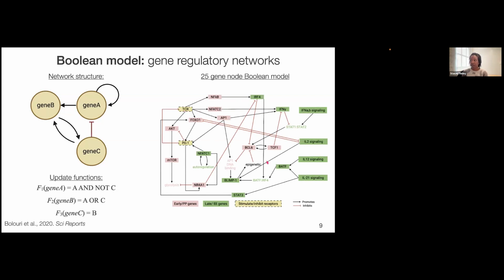This gene regulatory network was previously published in a paper by Belluri and co-workers. We took that up and used it to study the evolution of the gene expression network in T cells. So what we can do is start with this network, and we have the rules written down.